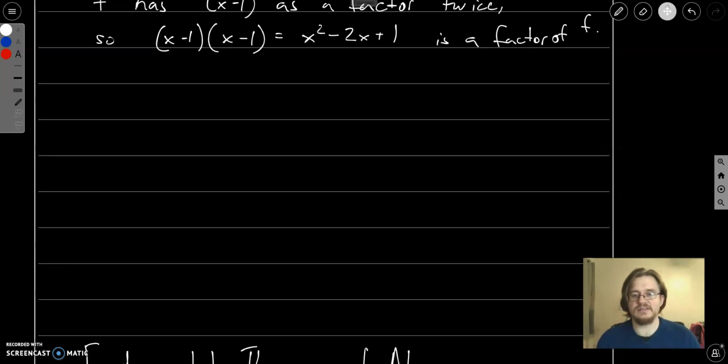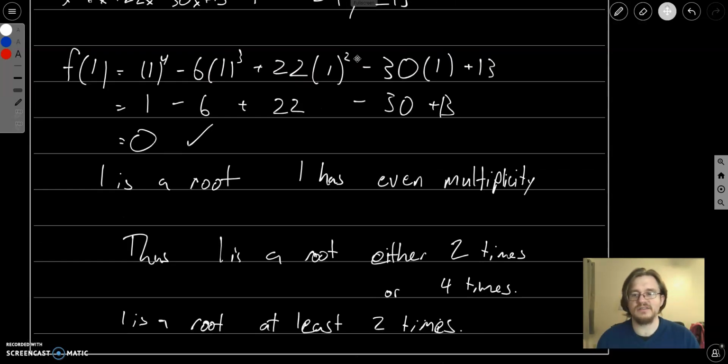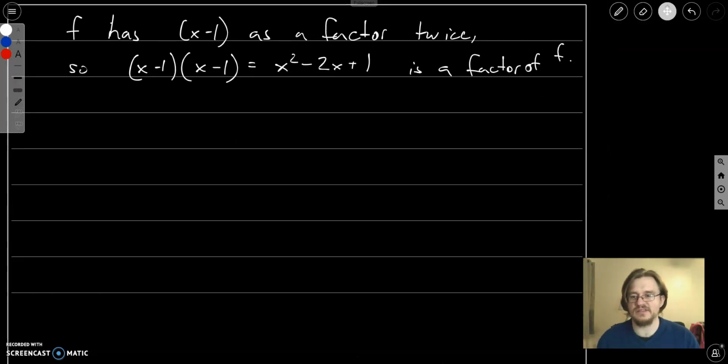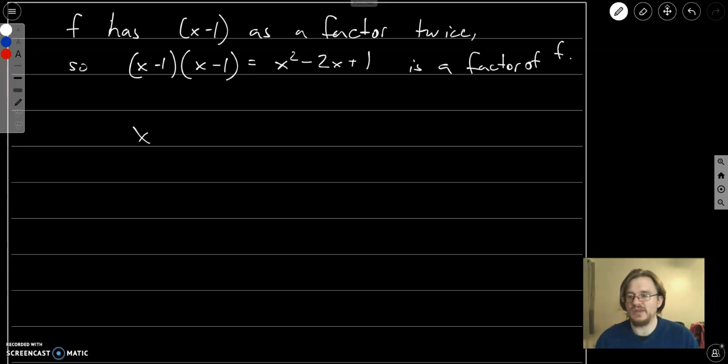So let's divide our function. So I'll need x to the fourth minus 6x to the third plus 22x squared minus 30x plus 13.